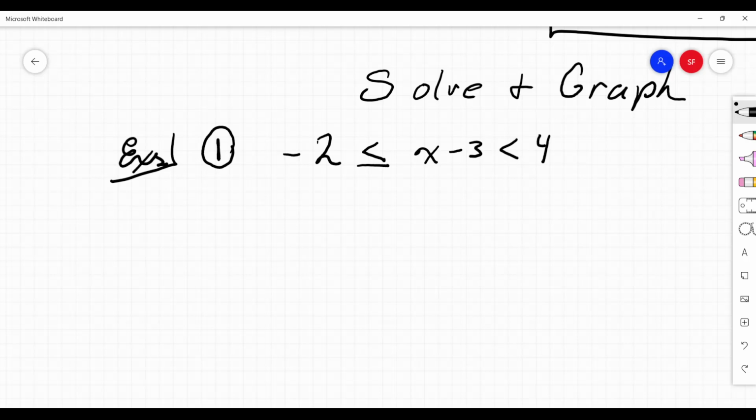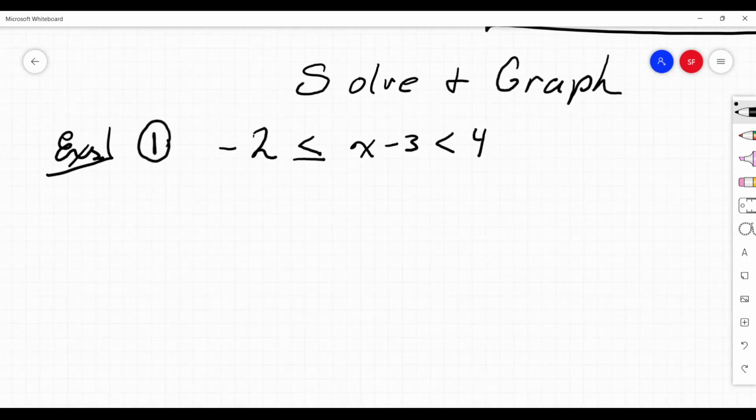It has two inequality signs, and that's exactly what we do with it. We look at what's attached, how it's attached, and do the opposite to get rid of it.